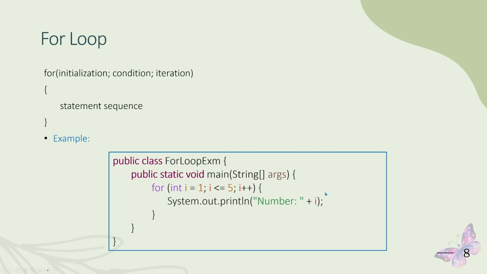It will print the i value until this condition is true. That means when the i value is 5, it will still print 5. Then when the i value becomes 6, this condition is false. That means it will not print any further.